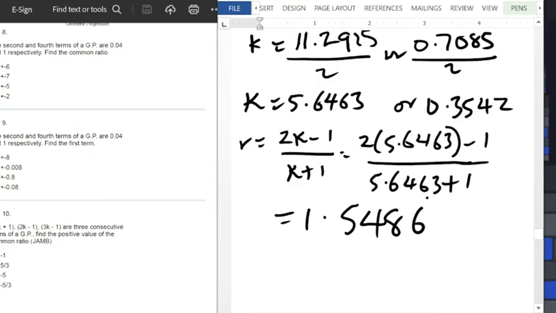So let me test: what is 5 over 3? 5 over 3 is 1.6. So I think the correct answer should be option B, which is closer to it.